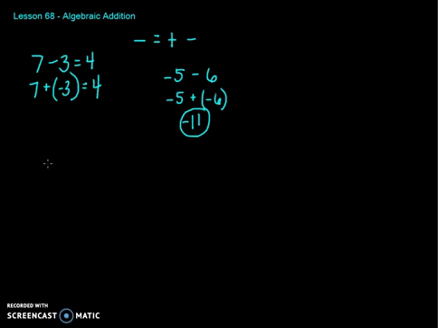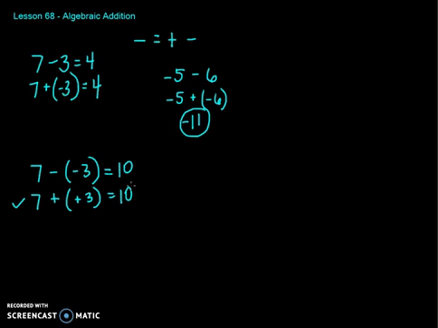The other rule is this. Let's say we have 7 minus a negative 3. This is the same as 7 plus a positive 3. So these both equal 10, but this way is a lot easier than this. So we need to know this rule.